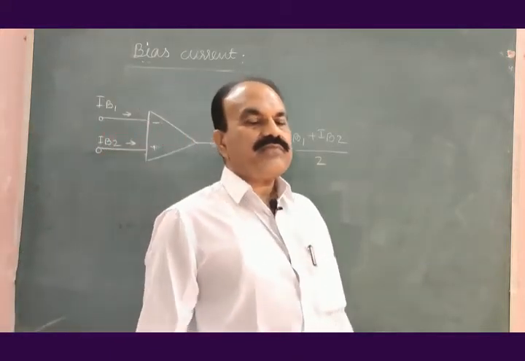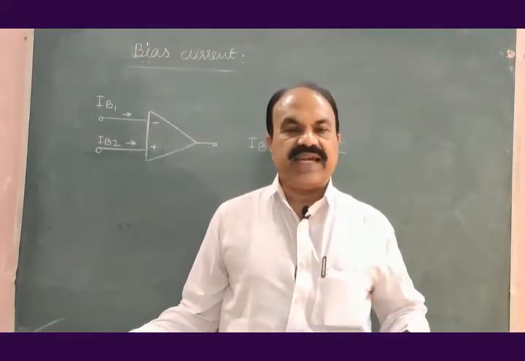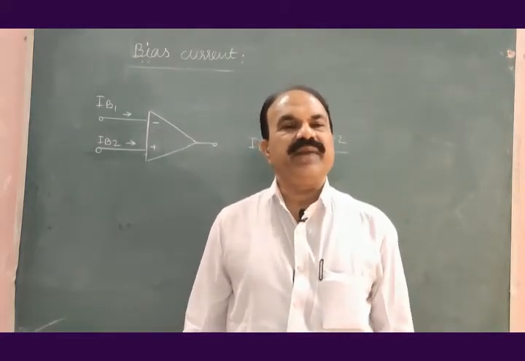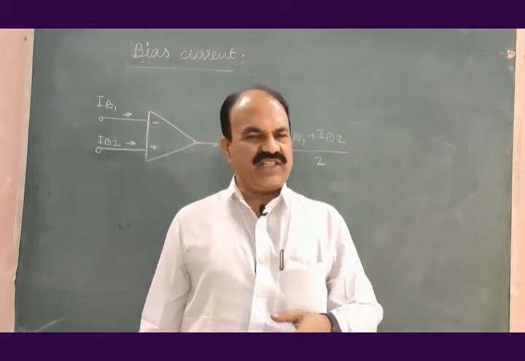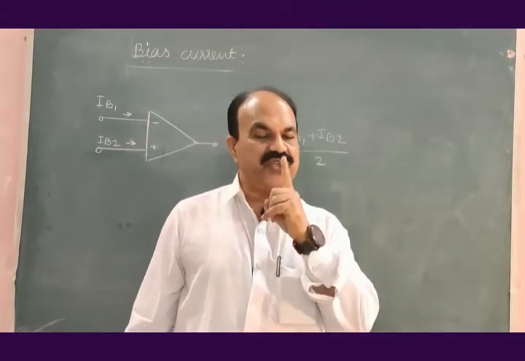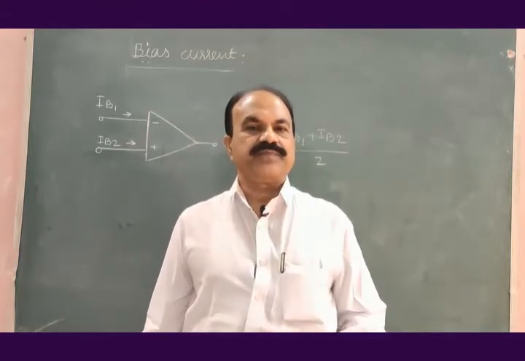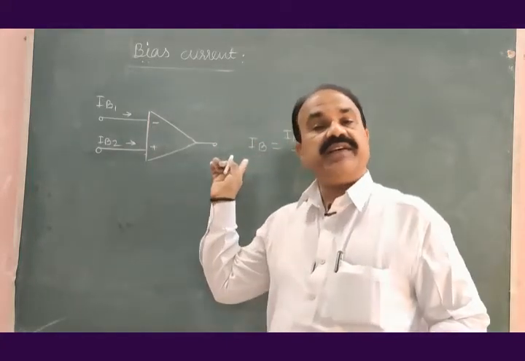So whenever we select an operational amplifier for any application, input impedance should be very large. We have to select the op amp such that its input impedance is very large, because of which the bias current will be very small.